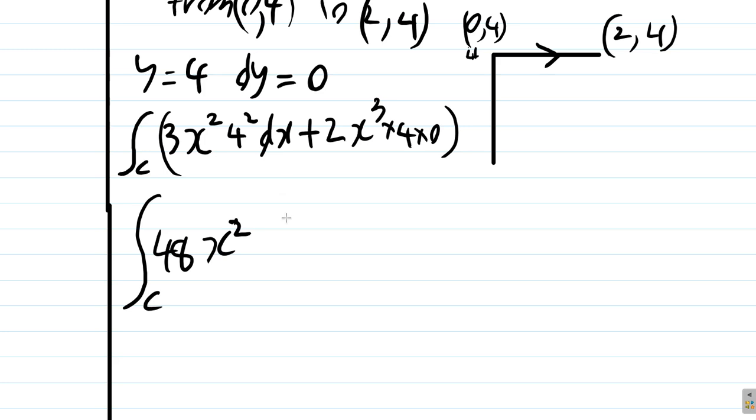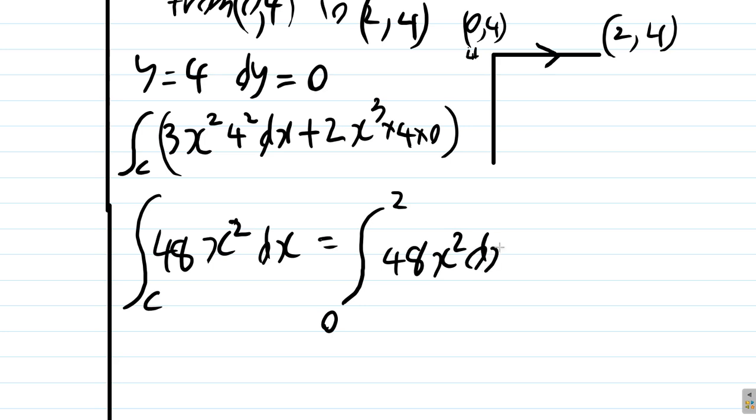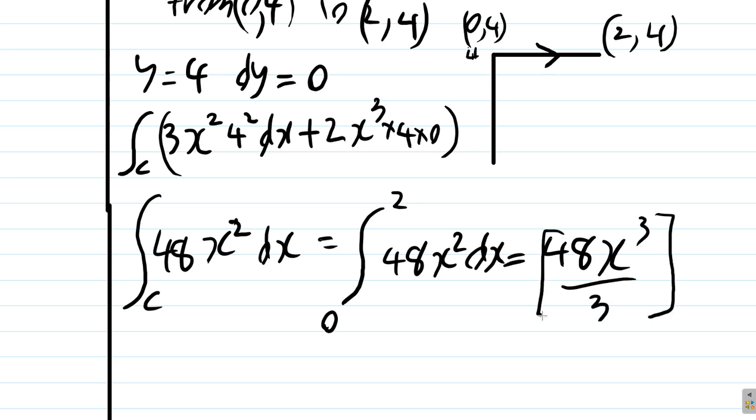So it's 48x squared dx. The other part is 0, because you multiply by 0. Now, where are you going? You're going from x equals 0 to x equals 2. So you integrate from 0 to 2 of 48x squared dx, which will be 48x cubed over 3 from 0 to 2.